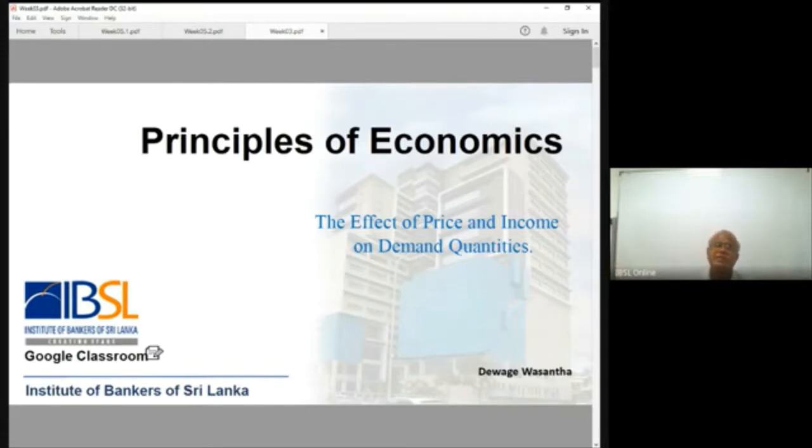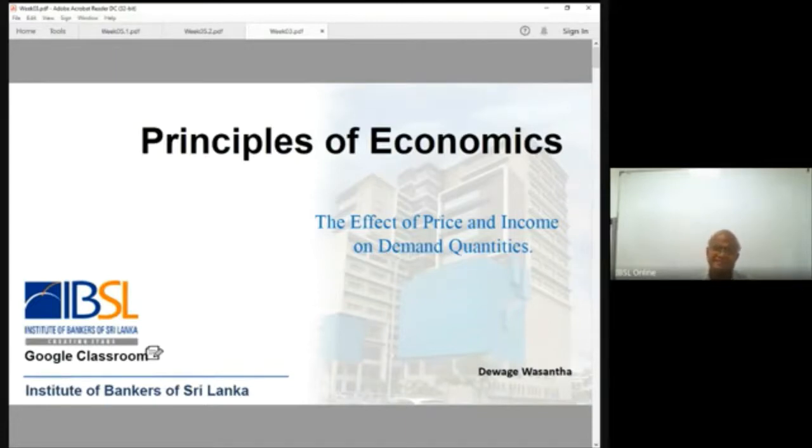Similarly, in response to income also, people change their demand. In some cases, when income changes by a certain percentage, people change demand more than that. In some other cases, demand is highly insensitive to the income change. Income changes by 10%, but demand changes by only 0.5%.